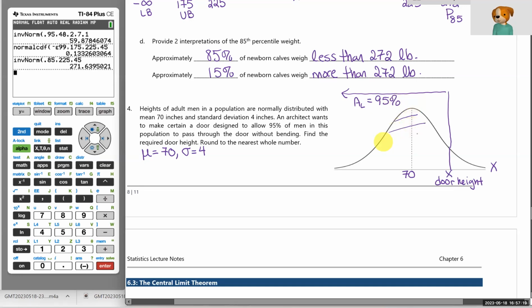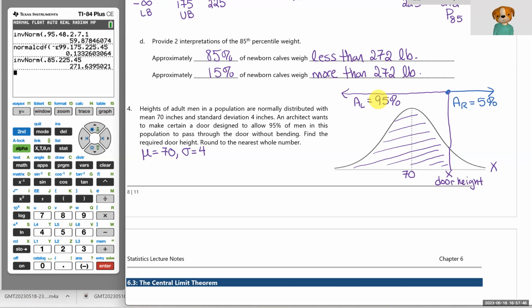Another way to say this is 95% need to get through the door without bending, which would mean those taller than the door would only be 5% of the population. So 5% of the population will be taller than the door and will have to bend, but 95% of the men can walk through without bending.